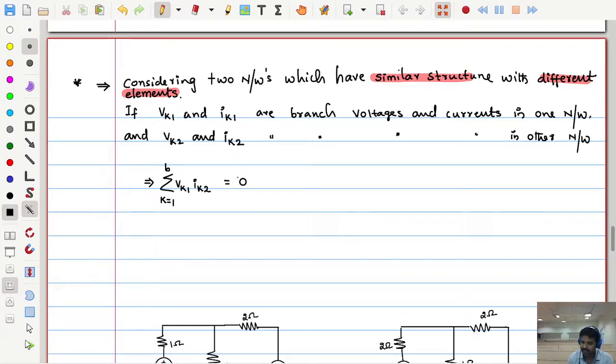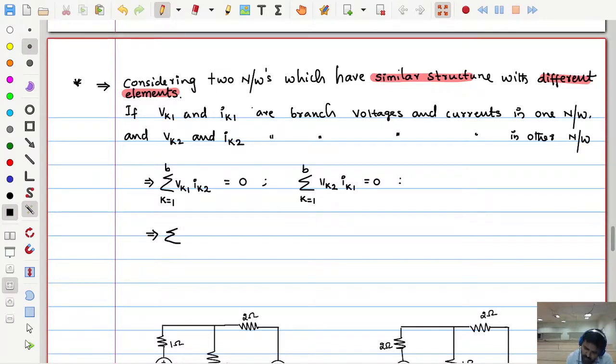This is very interesting. Next, network 2 voltages Vk2 product with the network 1 currents also will give 0. Not only this, you can see one more interesting phenomenon.